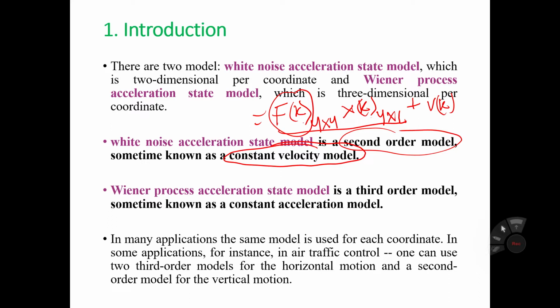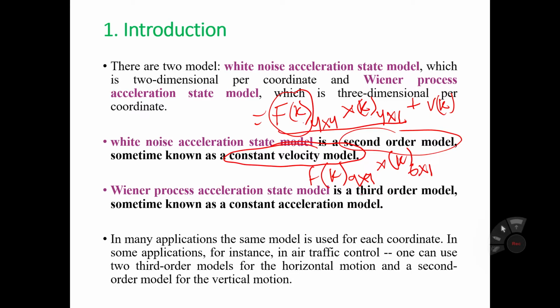On the other hand, the Wiener process acceleration state model is a third order model, sometimes known as the constant acceleration model. In this case, F of k is a 9 by 9 matrix, and similarly x of k is a 6 by 1 vector. So x of k includes the two-dimensional position, two-dimensional velocity, and two-dimensional acceleration.